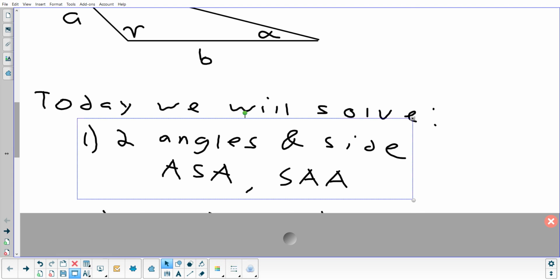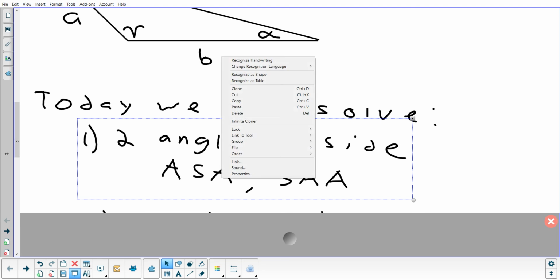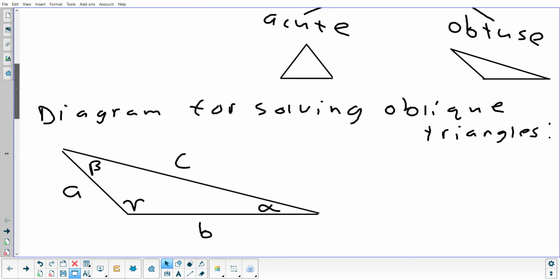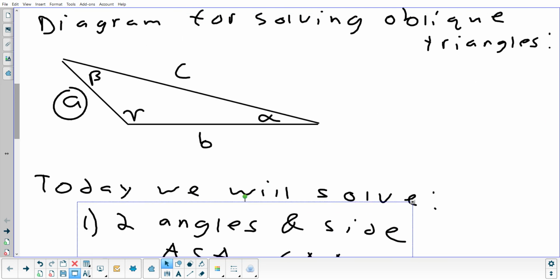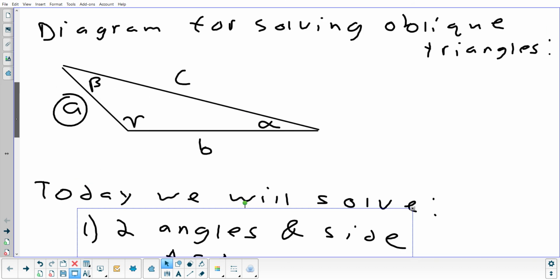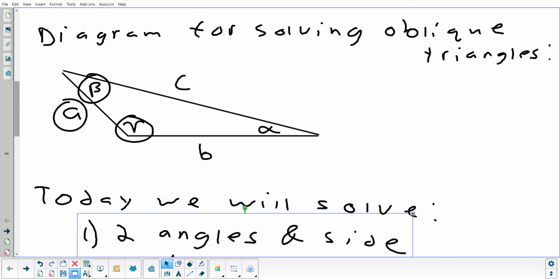The first one means you have two angles, and you have a side that is between the two angles. The S is physically between the A's, like this. Let's do that side, that angle, and that angle. So you have a side, and that side is the one that's physically between the two angles. It connects the angles.